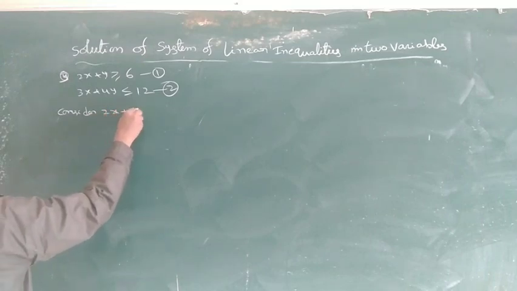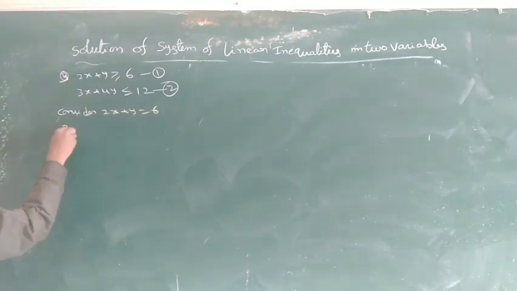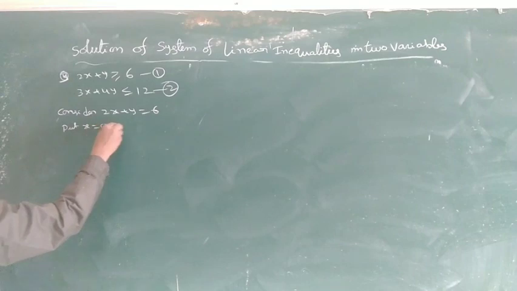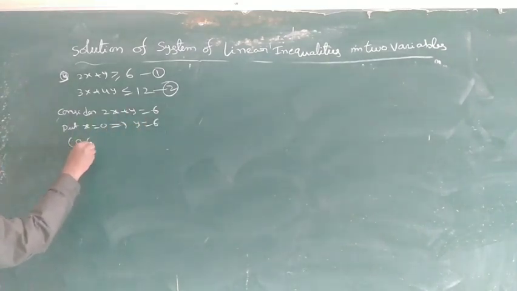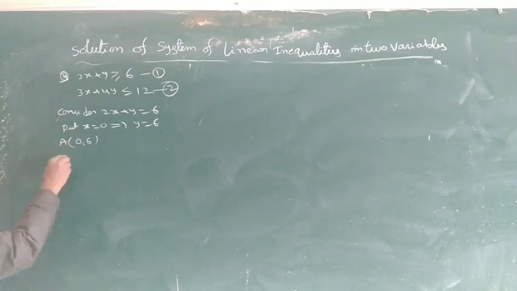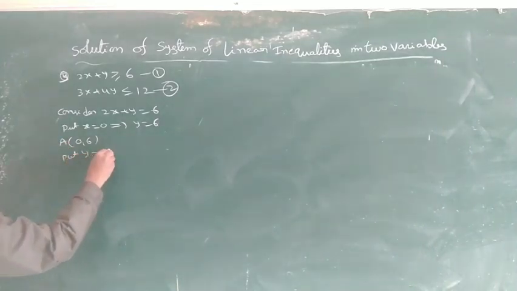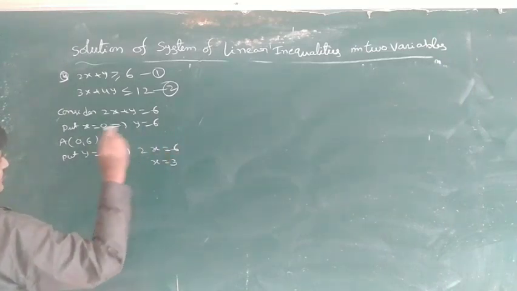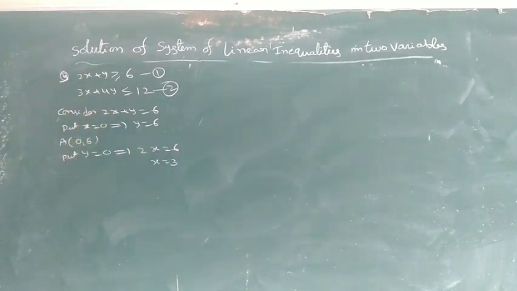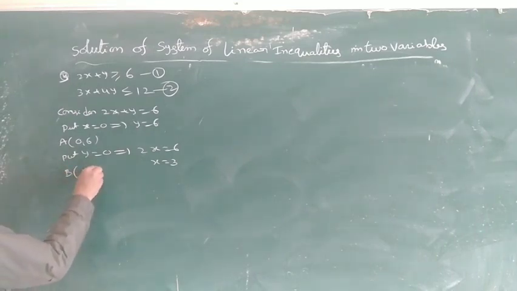2x plus y is equal to 6. Next put x is equal to 0, y is equal to 6. The point is 0 comma 6. Put y is equal to 0, 2x is equal to 6, x is equal to 3. So the point B is 3 comma 0.